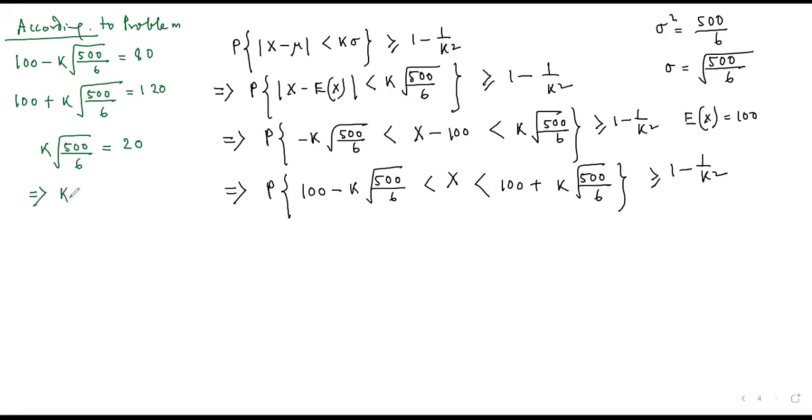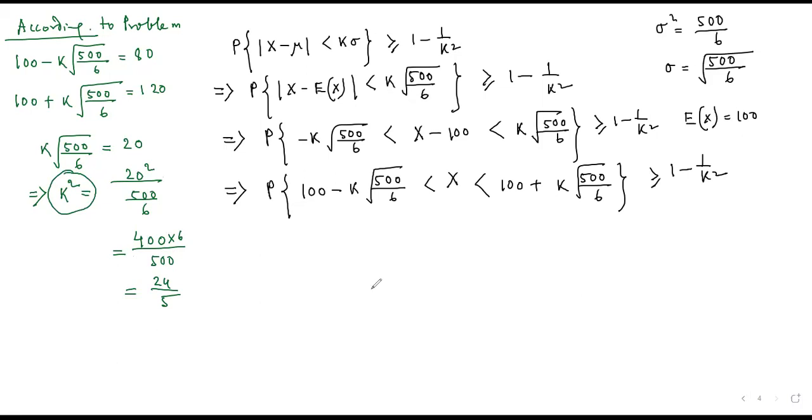Consequently, we can take the square. So k square will be equal to 20 square by 500 by 6, which is 400 by 500 multiplied by 6, and that is 24 by 5. So we have got the value of k square from this expression.